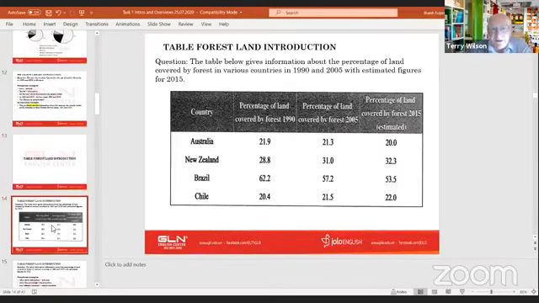So here we're going to look at a table. So the table below gives information about the percentage of land covered by forests in various countries in 1990 and 2005, with estimated figures for 2015.